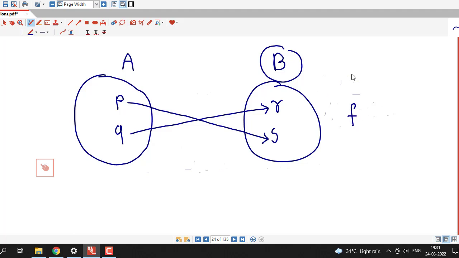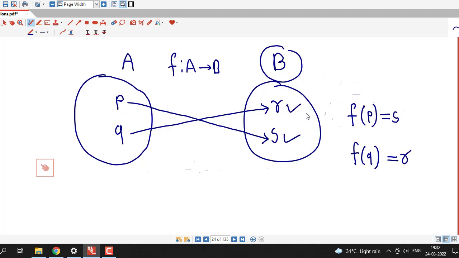So we can see that for R belongs to B, there exists Q in A such that f of Q equal to R. Similarly, for S belongs to B, there exists an element P in A such that f of P equal to S. This function f from A to B is 1 to 1 because the two elements P and Q have different images, and this function is onto because for each element of B there is some element in set A mapping to it.